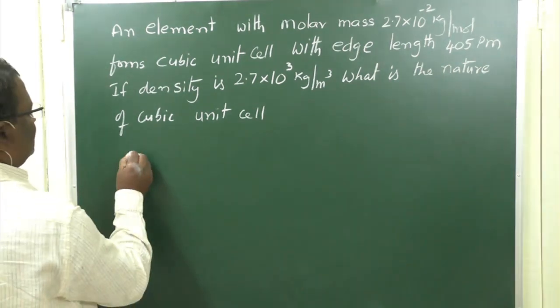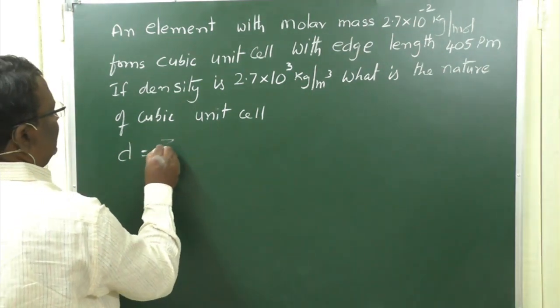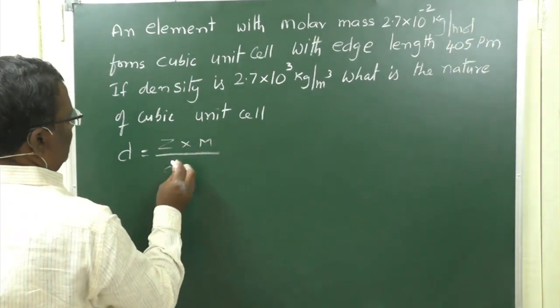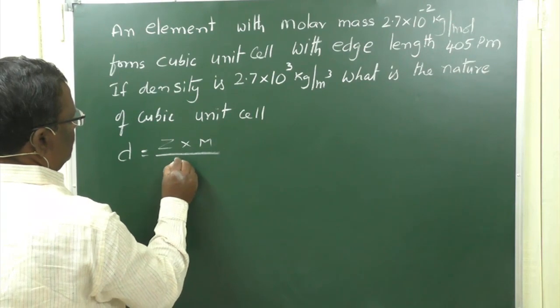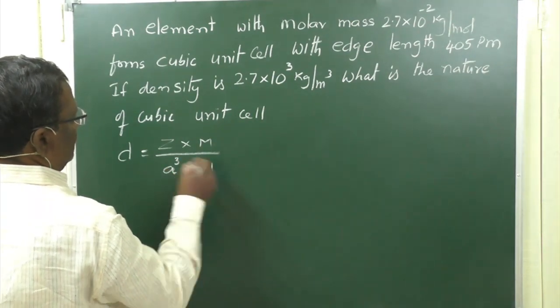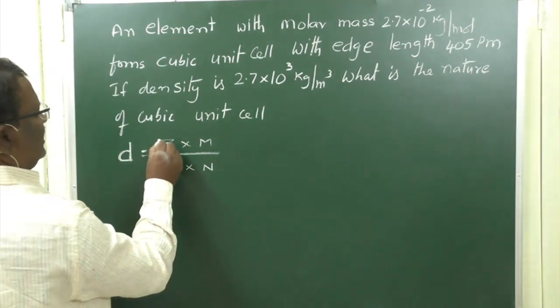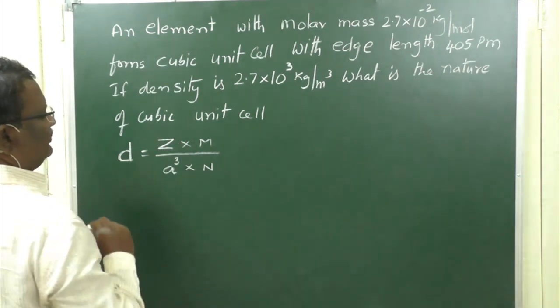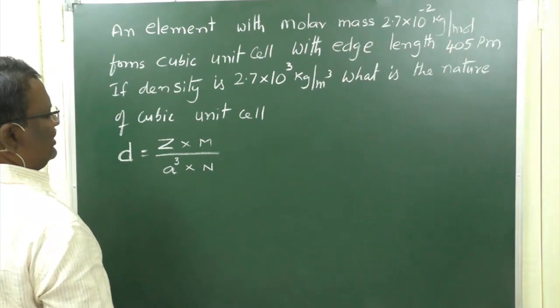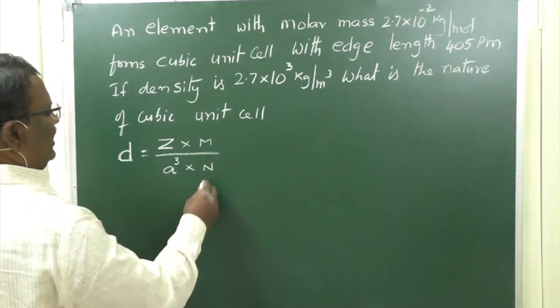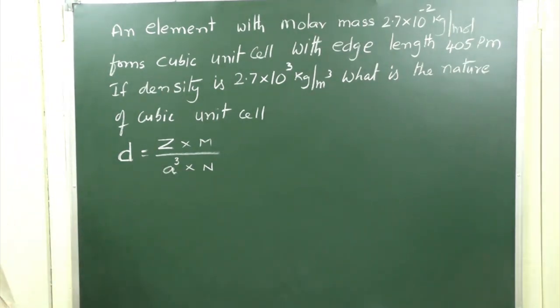Density D is equal to Z into M by A cube into N. Here D is the density, Z is the number of atoms in a unit cell, M is the molar mass, A cube is the volume of a unit cell and N is Avogadro number. With the help of this, you can calculate the number of atoms in a unit cell.